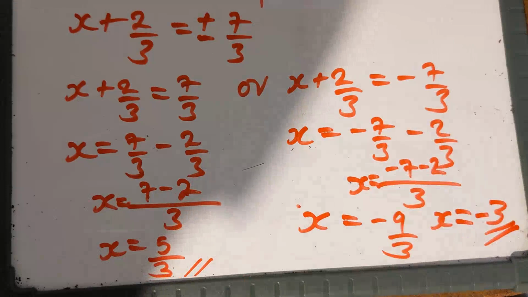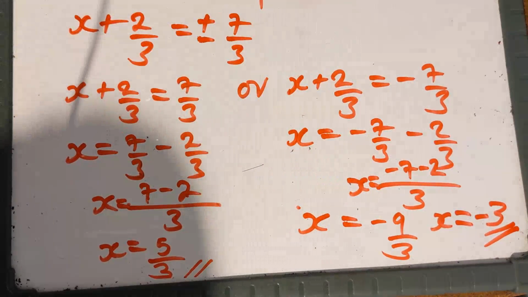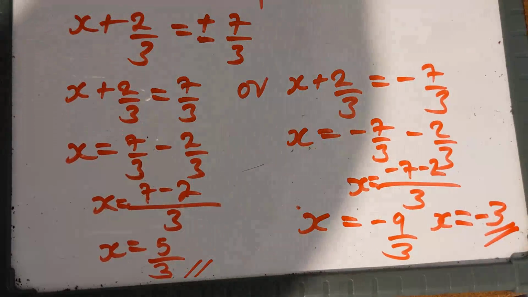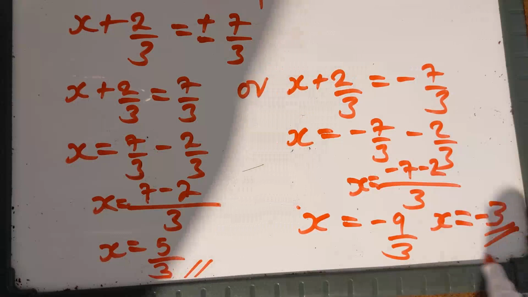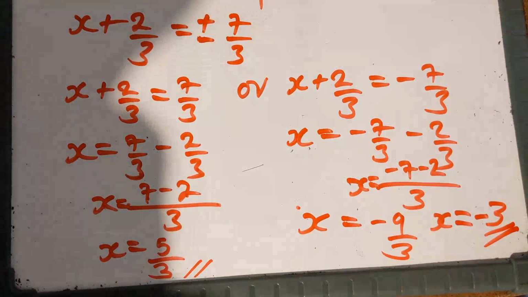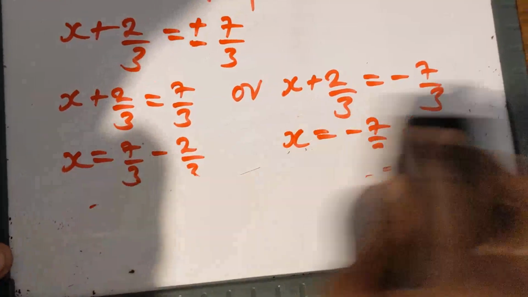Since 3 into 9, that is going to be 3. Okay, so we have found the value of x. So that is how you do it.